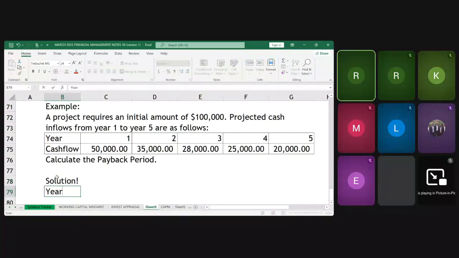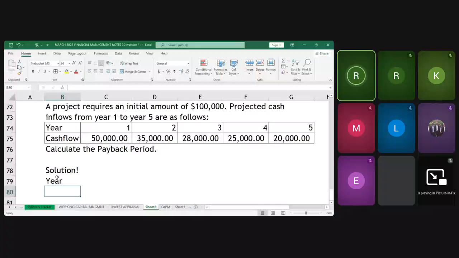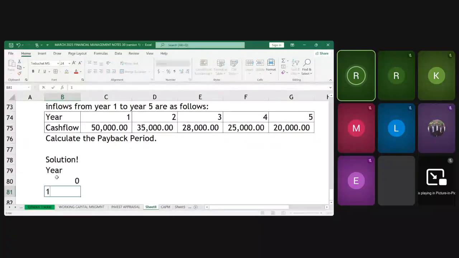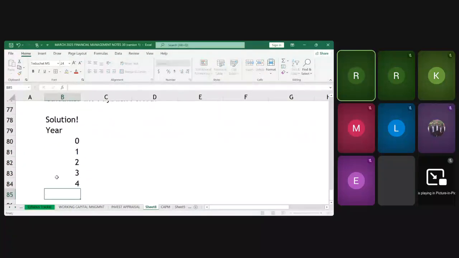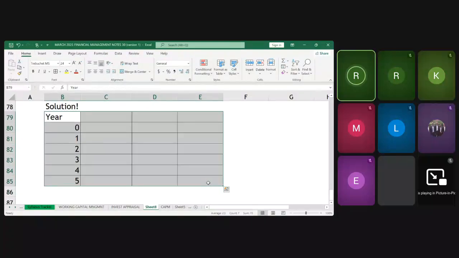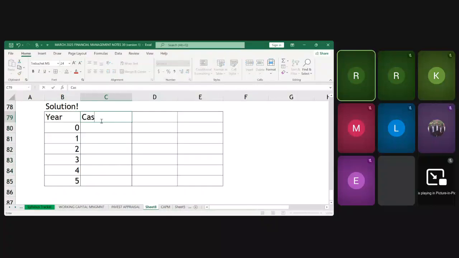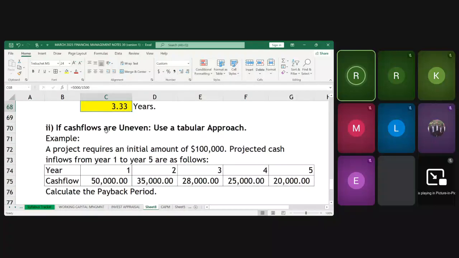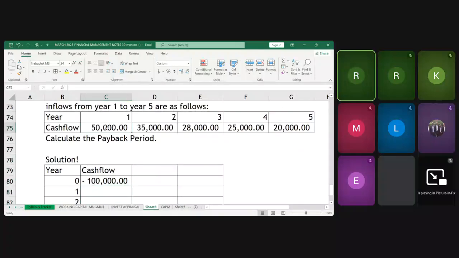Since we start off by investing in year 0, we have years 0, 1, 2, 3, 4, and 5. Let's create a nice table here and put in our cash flows: minus 100,000, then 1, 2, 3. Why is the figure in year 0 negative? It is negative because that is an investment. An investment in year 0 is a cash outflow. So let's have the figures there. Let me just use transpose.